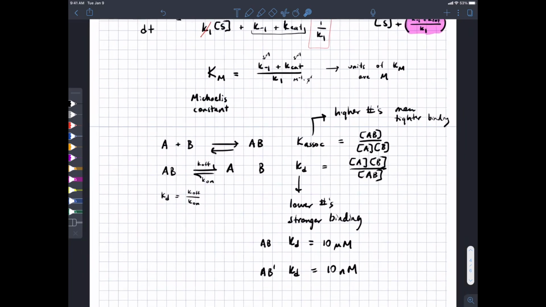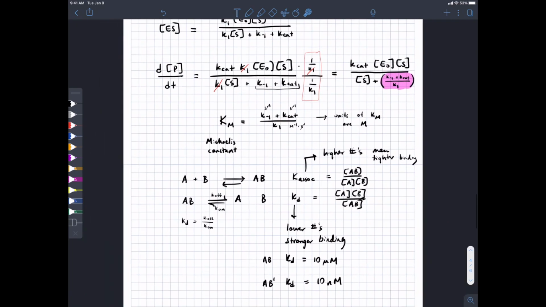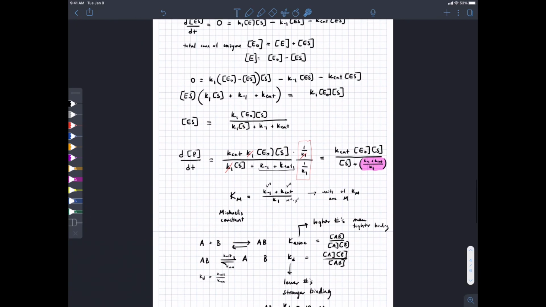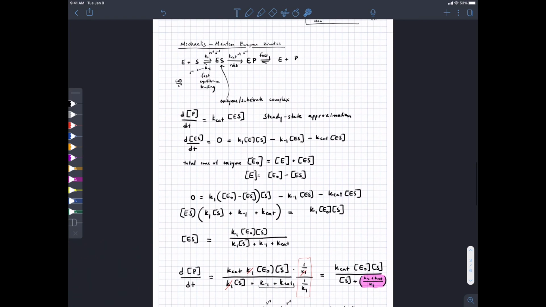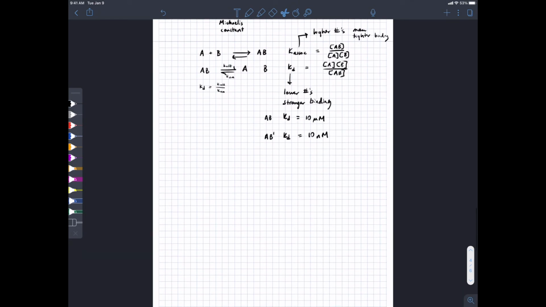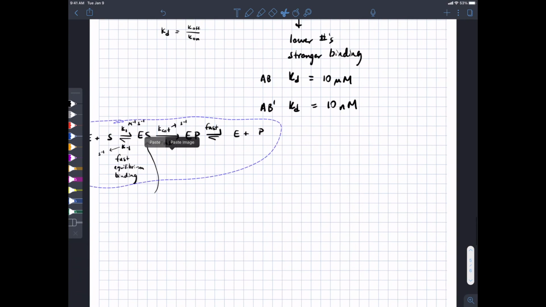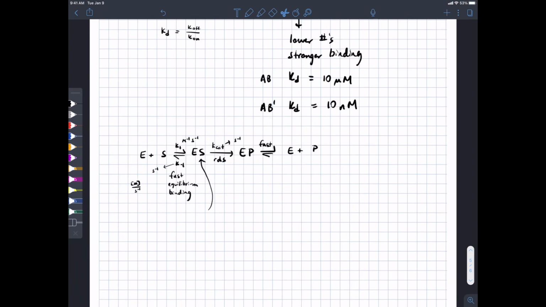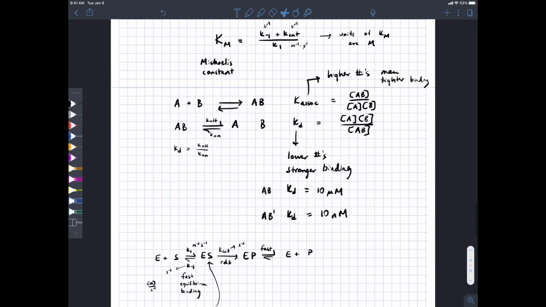All right. With all of that in mind, let's go back up to that equation that we wrote. Oh, what a mess of stuff, huh? Let's try to figure out what some of these terms mean for the Michaelis-Menten equation.